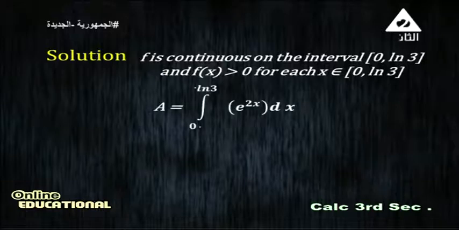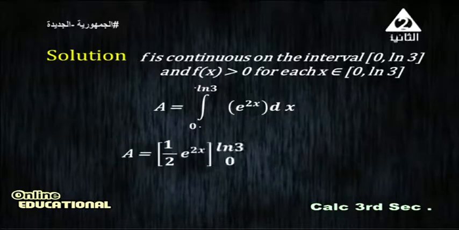Then the area equals the definite integral of e to the power 2x dx from 0 to ln 3. Then the integration of e to the power 2x is e to the power 2x over 2, or half multiplied by e to the power 2x, from 0 to ln 3. Now we can substitute x equals ln 3 and x equals 0.